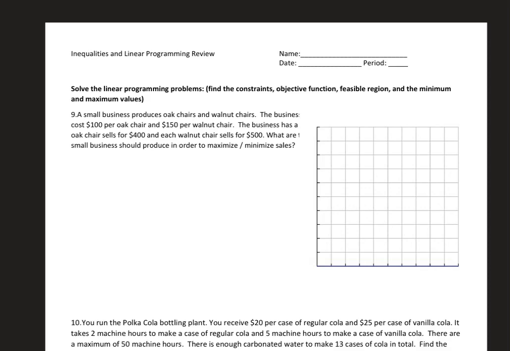All right, so some of the words got cut off on the first one. Okay. It says a small business produces oak chairs and walnut chairs. The business can make at most 20 chairs per week. Okay, it just got cut off by the graph.